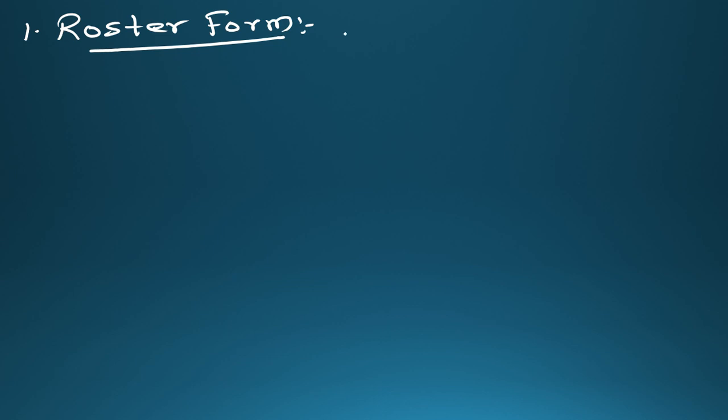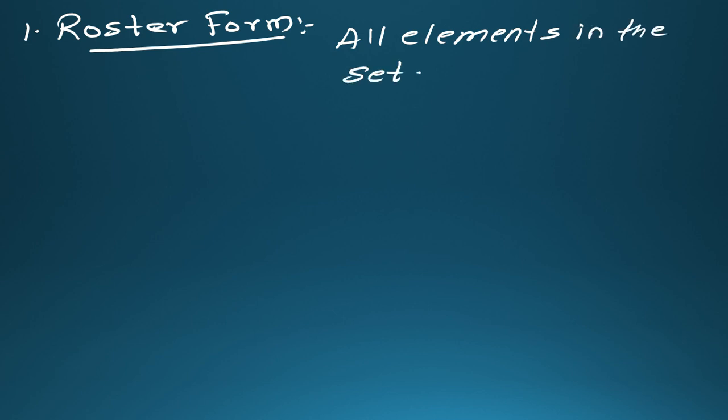In this we write all elements of the set, as I have told you just now, separated by commas and without any repetition. For example, we can say A is equal to {a, e, i, o, u}.